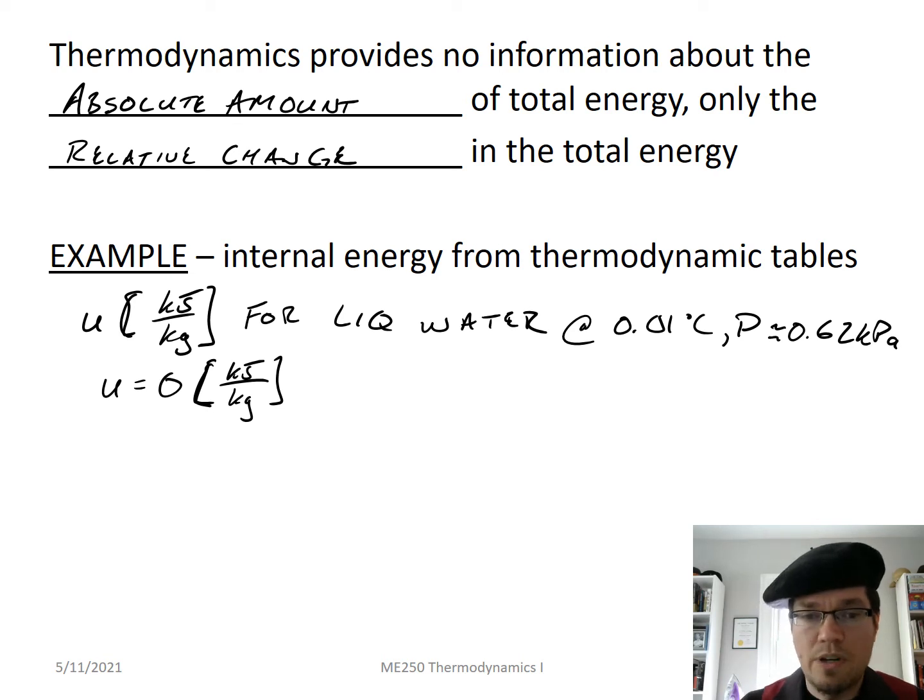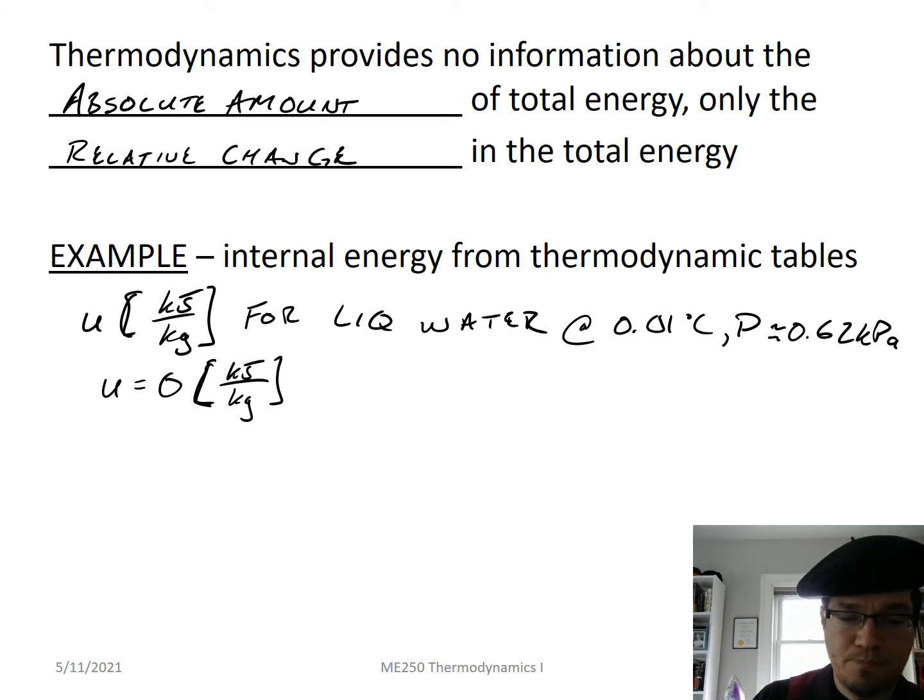And so it's been picked as a reference point. And so is there motion? Oh yes, there's still motion of the molecules. What if we cool it further? Well, if we cool it further, we end up with, on that chart, negative internal energy, which doesn't make a whole lot of sense. It doesn't physically happen, but that's okay. It's just a reference point, and we're talking about changes, not absolute amounts. So yeah, it's a reference point, and all other, sorry, let me write this down.